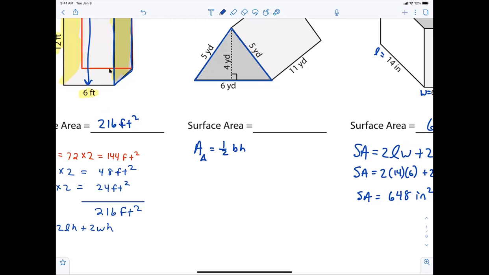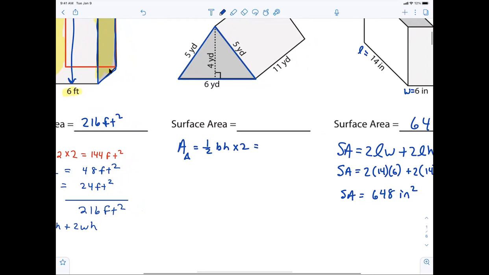Exactly right. Now, how many triangles are there in the figure? There's 2. So I'm going to put a times 2 here, guys. That's what I want everybody to do. Now 1/2, the base is 6, and the height is 4, and then times 2.